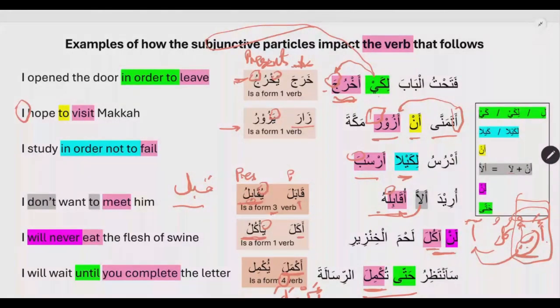There we had a form 3 where the alif came inside. Here the alif is coming before it: akmala. You mustn't confuse this alif with the alif of I. When you put the alif in front, you normally mean I am doing something.